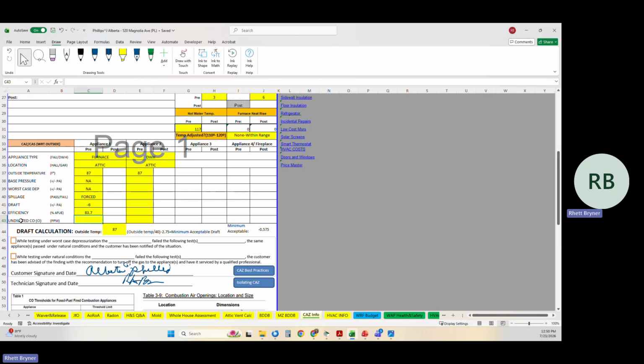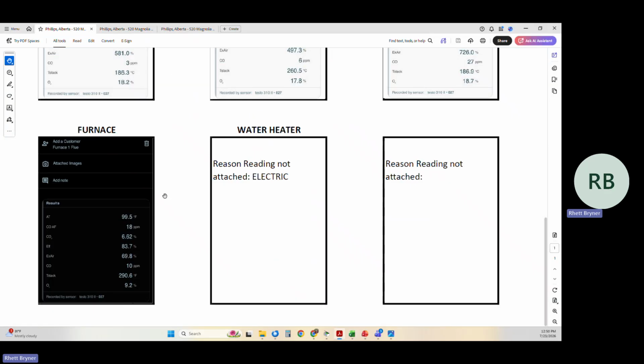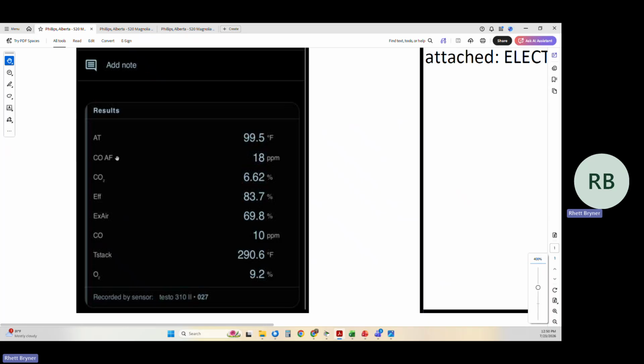Okay, next up is undiluted CO or COO. What that means is that's the same as saying CO air free. All right. So when we go back to our readings here, you can see the top here, it says COAF. That stands for CO air free right there. All right. So in this case, it's 18 parts per million.